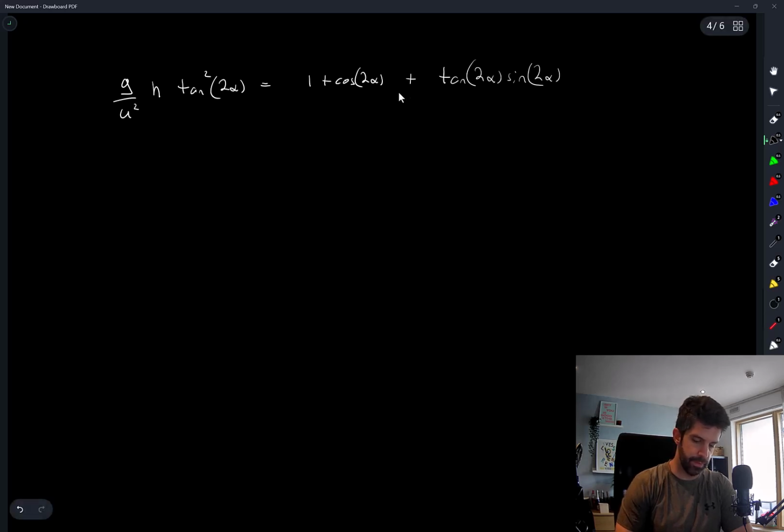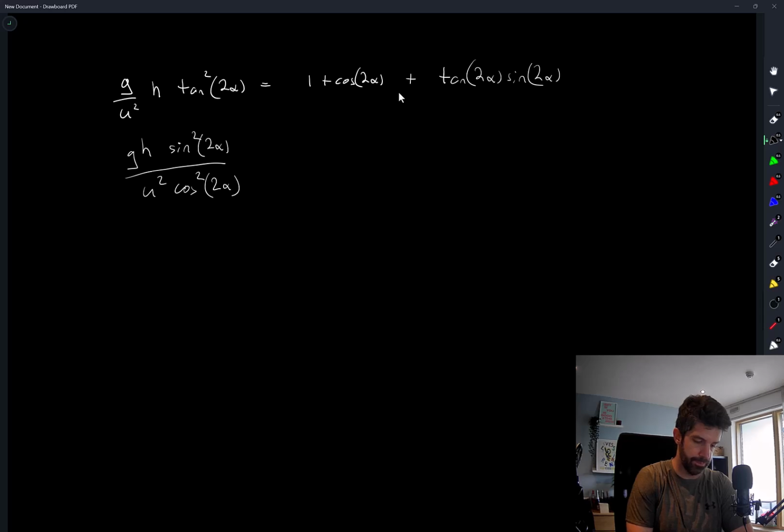Let's expand all the tangents. GH sine squared 2 alpha over u squared cosine squared 2 alpha is equal to 1 plus cosine 2 alpha plus sine squared 2 alpha over cosine 2 alpha.